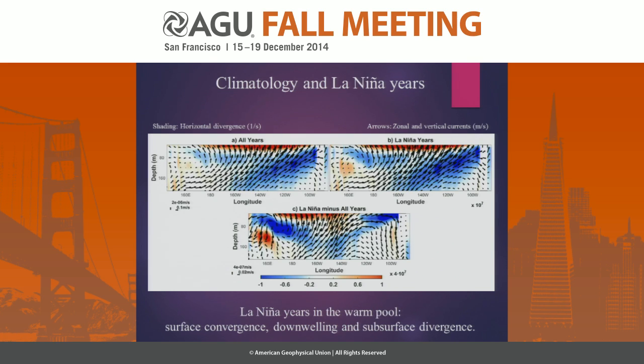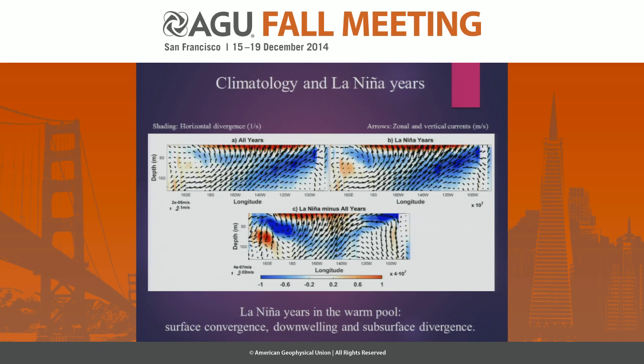The climatological picture shows the well-known horizontal convergence in blue in the Central and Eastern Pacific, the upwelling motion, and the Ekman divergence at the surface. There is no strong signal in the Western Pacific.